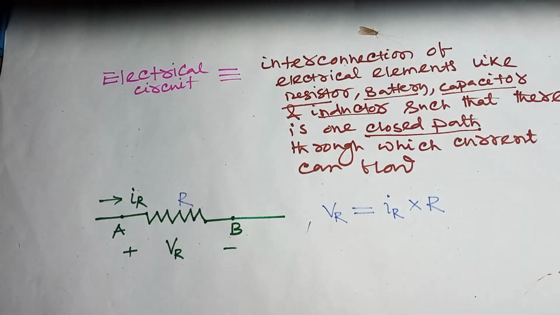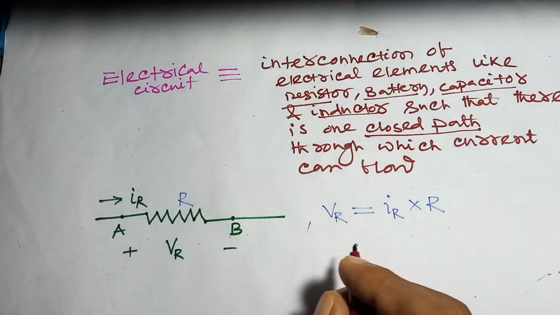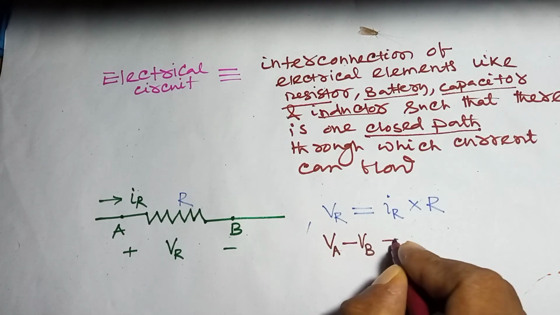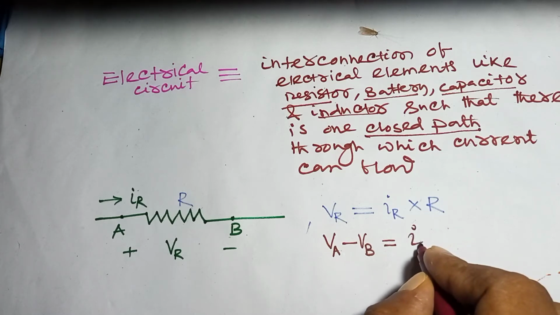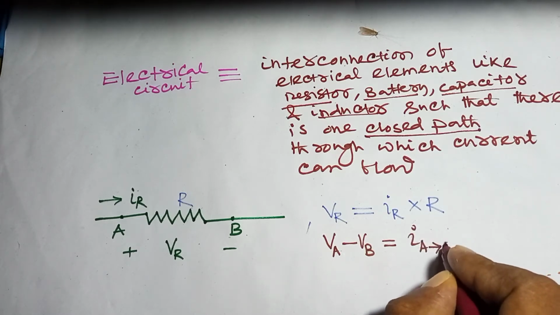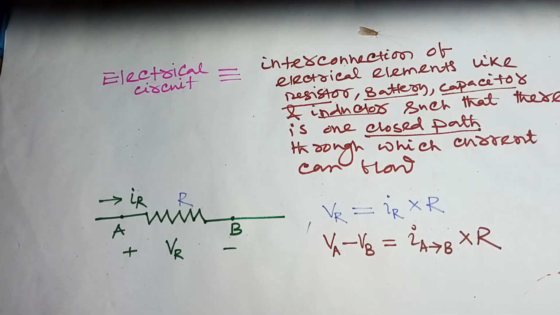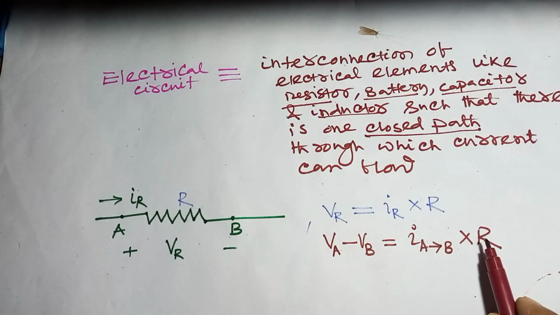So this relationship can be written like this also: VA minus VB equals the current which is flowing from A to B terminal multiplied by the resistance value. You have to keep in your mind that whenever you are writing VA minus VB, then you have to consider the current which is flowing from the terminal A to B and multiply this with the resistance value.